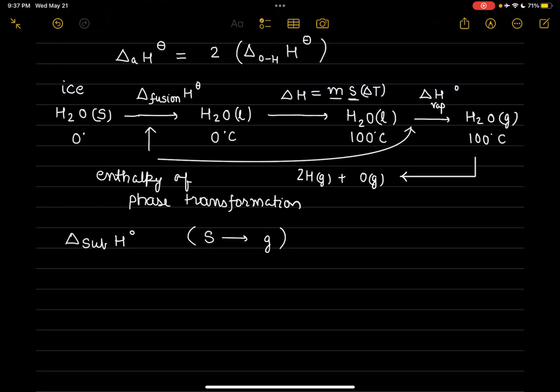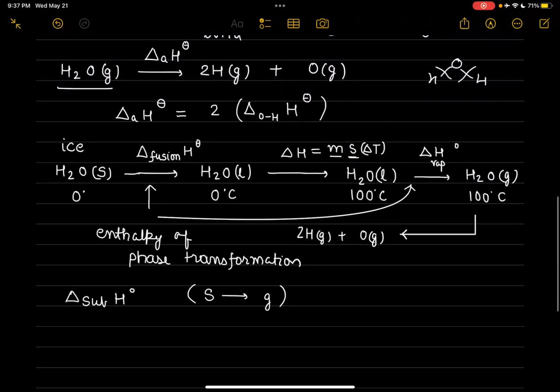So these are called enthalpies of phase transformation. They give you the value of heat absorbed or released when a substance undergoes phase transition.